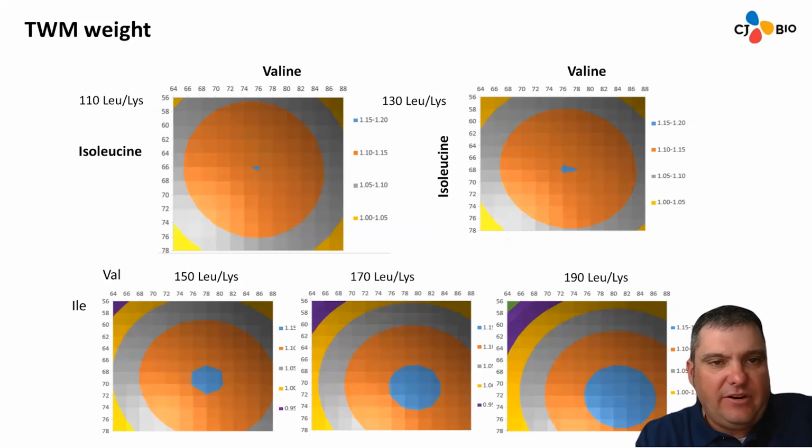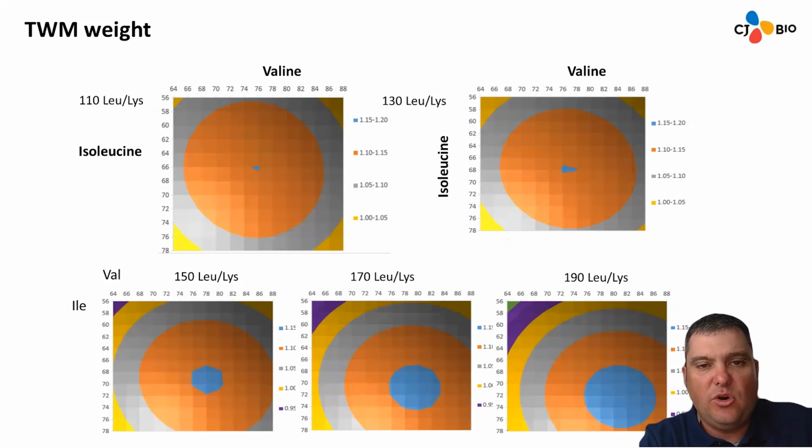Now, this is a very interesting observation that we saw with total white meat. If we look at the total amount of breast meat on the bird, again, the blue dot is our maximum response. As we increase the amount of leucine in our feed, we observe increases in the total white meat weight that we achieved. Again, you still have to adjust your valine and isoleucine appropriately to get the optimal response.